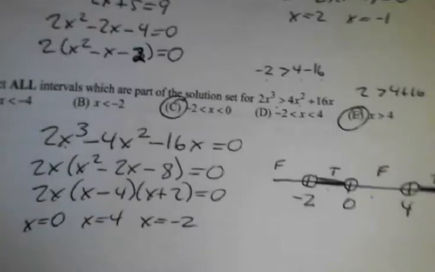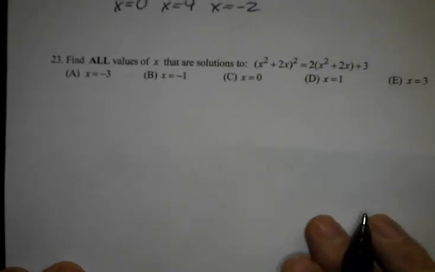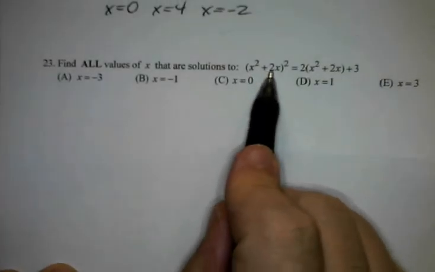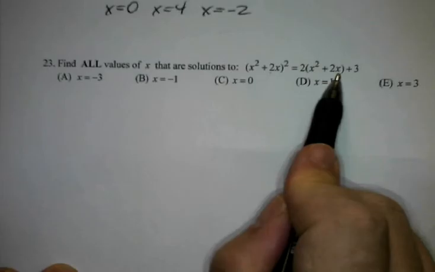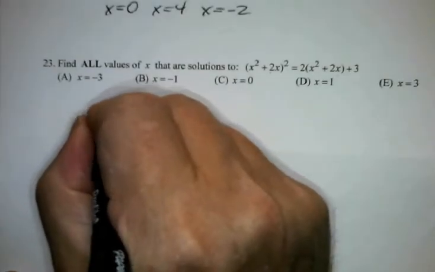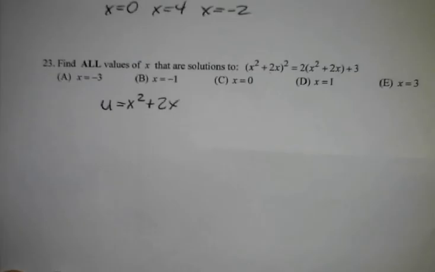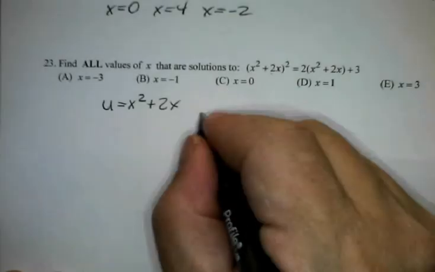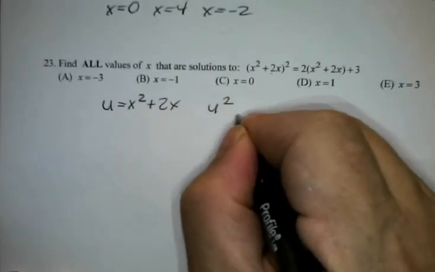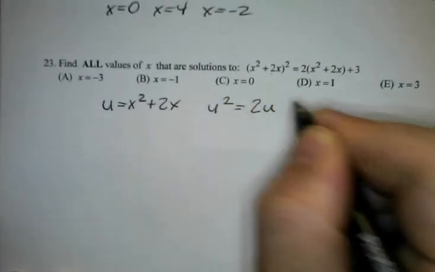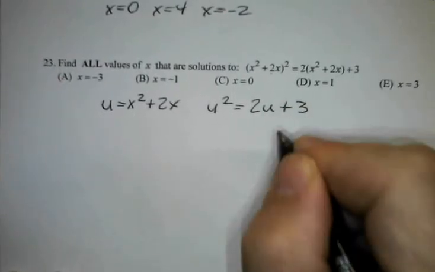Okay, we have another substitution problem. Notice I have x squared plus 2x, x squared plus 2x. They're the same. So I'm going to let u equal x squared plus 2x. This gives me u squared equals 2u plus 3.